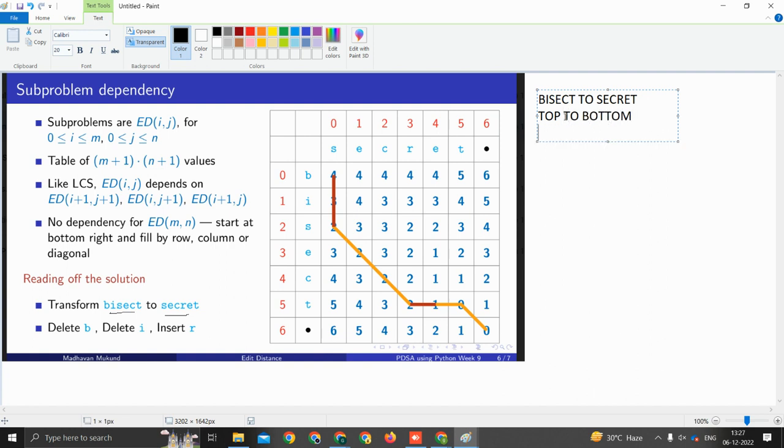Then, if you travel down, it's a delete. If you travel down, it's a delete. Okay.